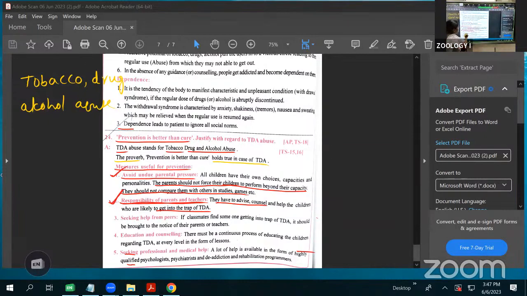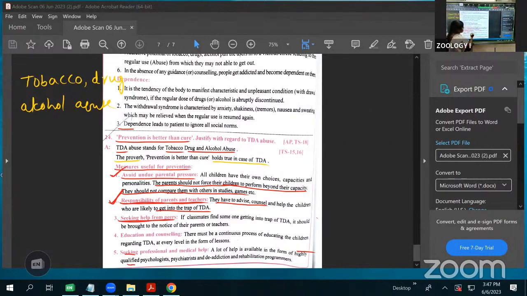Next is seeking help from the peers. Peers means friends. If any friend identifies that some friends are getting trapped in TDA, they should inform the teachers as well as the parents. That is called seeking help from the peers.